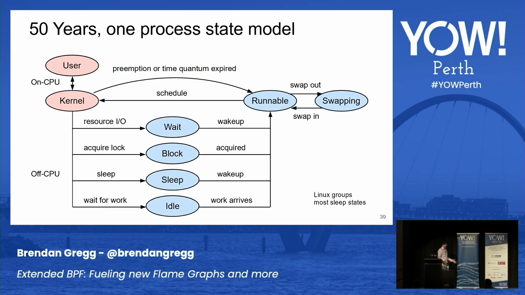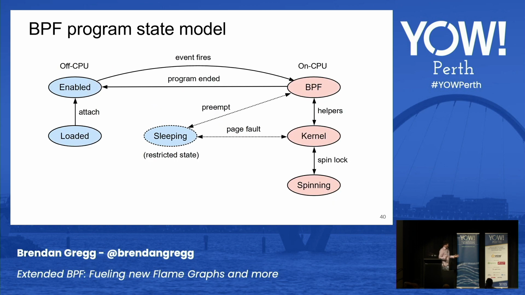It also provides an alternate process state model. Here's the process state model we've used forever. So I'm on CPU, user or kernel space, and then I block for some reason. Maybe I'm waiting on a resource, I'm waiting on a lock, I'm just sleeping. The BPF program state model is event-based, so you enable a program on an event. When that event fires, you go on CPU.